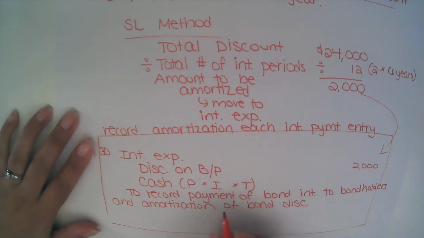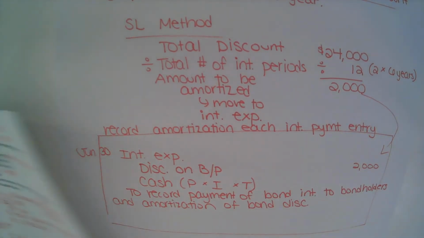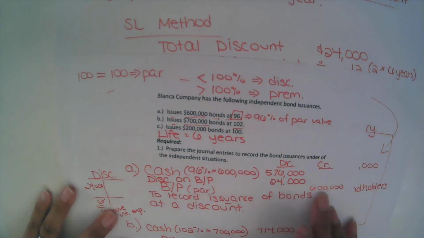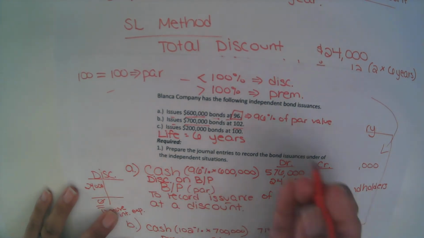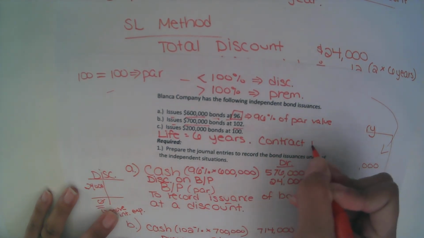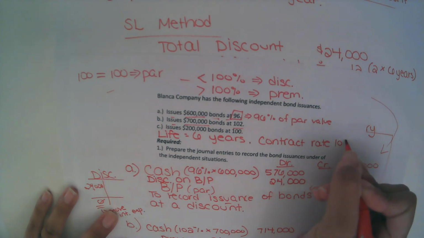Do your PIT. Going back to this example, par value was 600,000. Did they give us an interest rate on this one? No, they didn't, because again, that wasn't the purpose of this problem. That's okay. We'll say the contract rate is 10%.